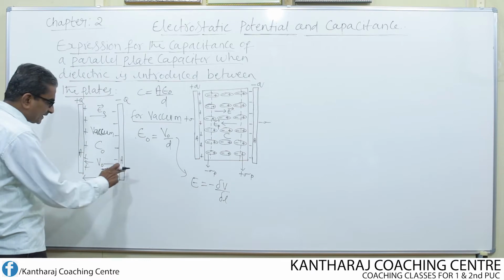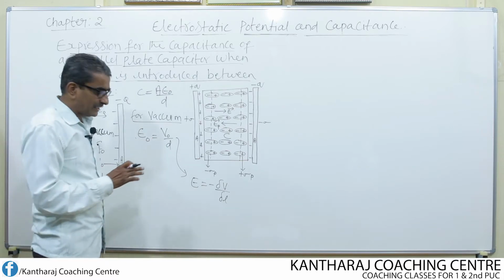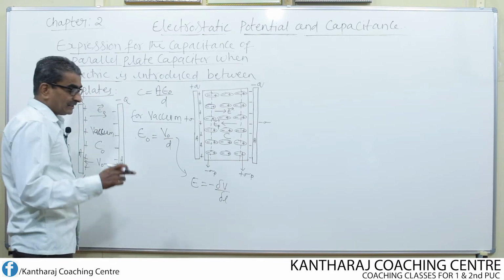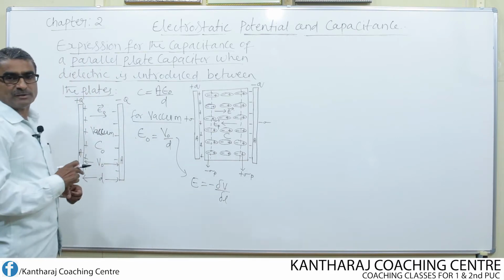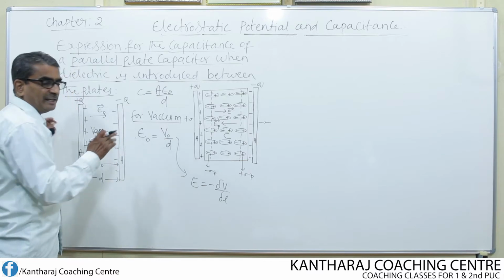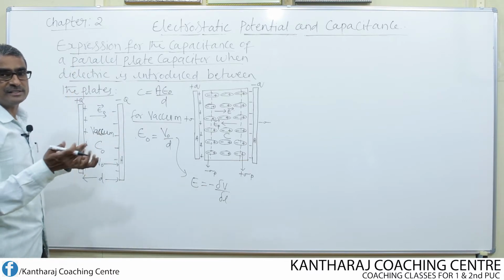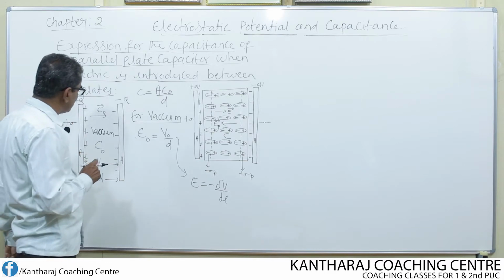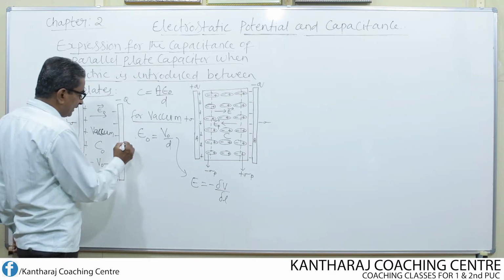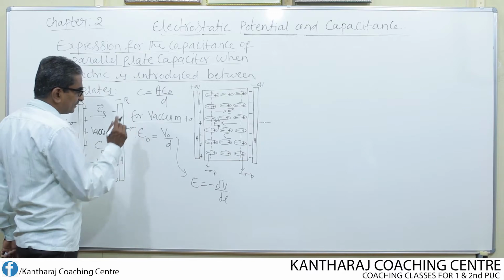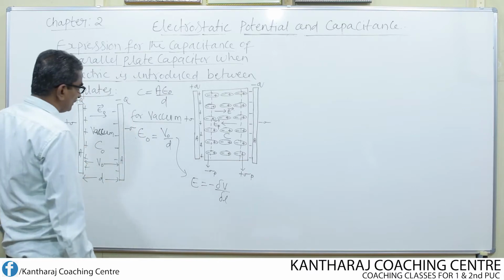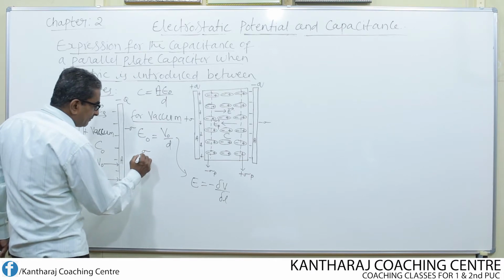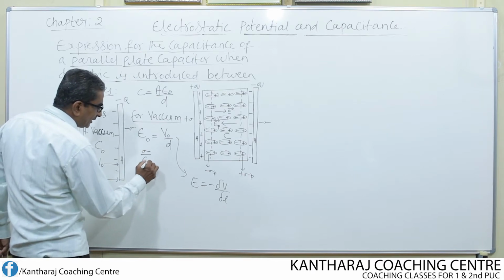Divided by the distance of separation between the two plates, D. So, using this equation, I can write like this. Then, we also know one expression for the electric field in terms of surface density of charge. On this plate, if plus sigma is the surface density of charge, then on this plate it will be minus sigma. So, I write E naught equal to sigma divided by epsilon naught.